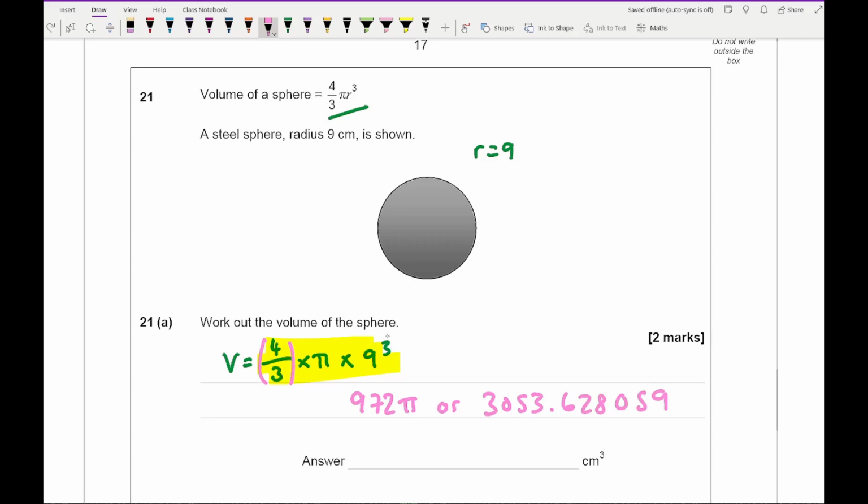Now if you do round your answer, or you give your answer as written there, because there's no indication in the question that they want you to round the answer, if you do round the answer, always make sure you've stated what you've rounded it to. So I'm going to round it to 1 decimal place, but if your rounding is a bit shady, then I would basically just copy what's on your calculator.